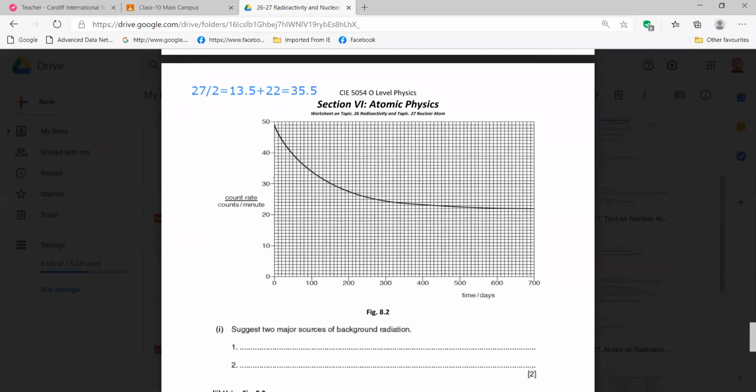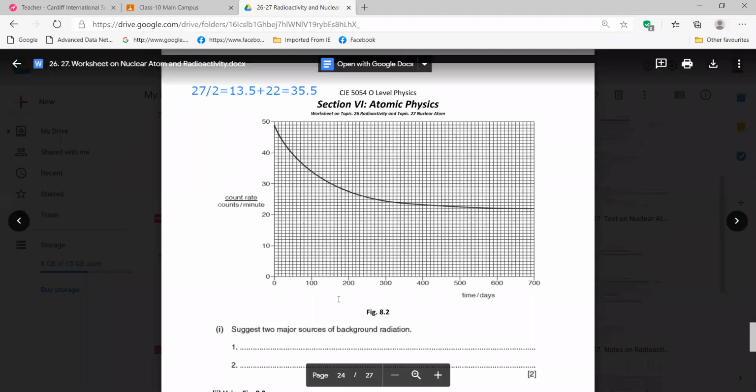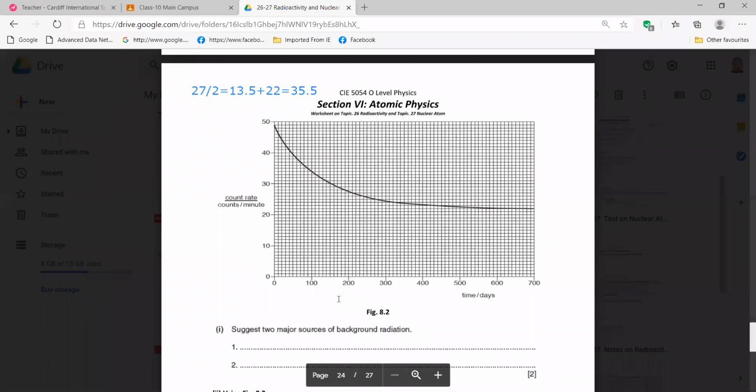Okay, can we draw the graph here? A straight line here at 35.5. Let me try. If you draw the graph, it will be more visible for us. Sir, could you make the screen a bit bigger? Sure.